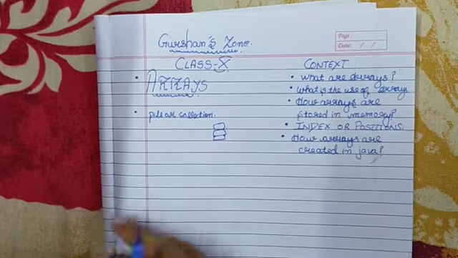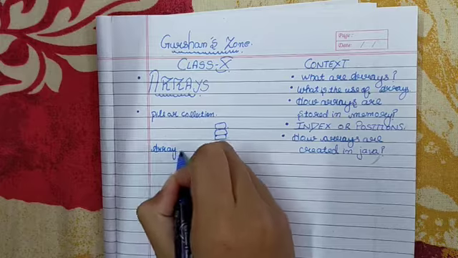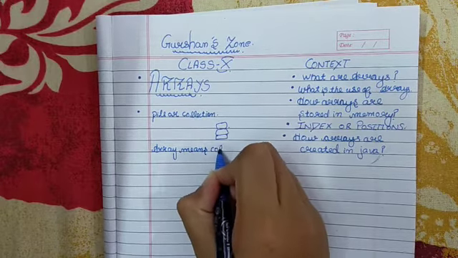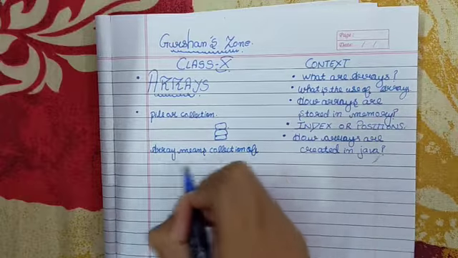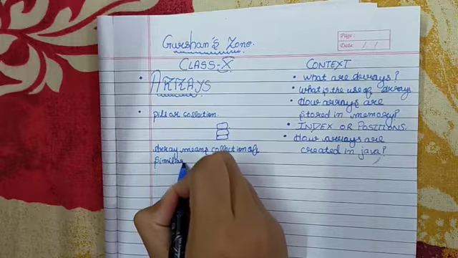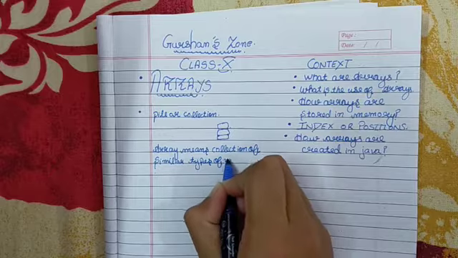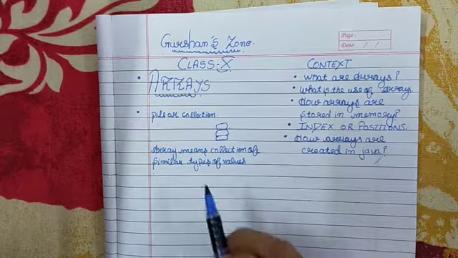Now in computer science, array means collection of similar type of values.